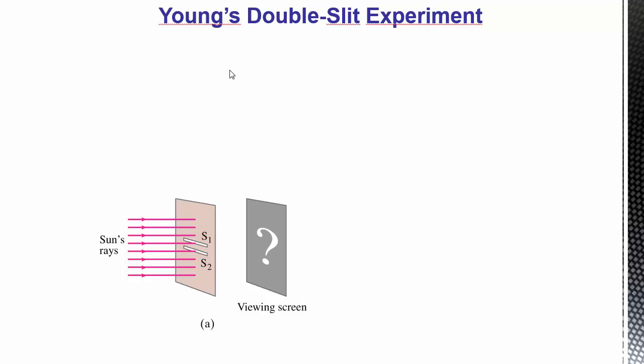Now, a guy named Thomas Young, not until 1801, devised an ingenious experiment to look at light rays. What he did is he had the sun's rays, and he had two very narrow slits here, and then he had a screen behind it, and he was going to see what he could see.